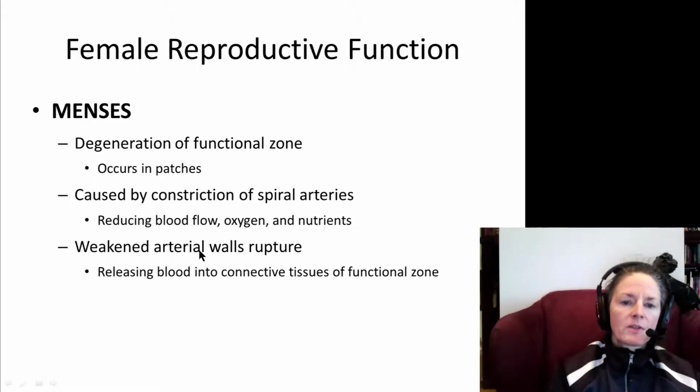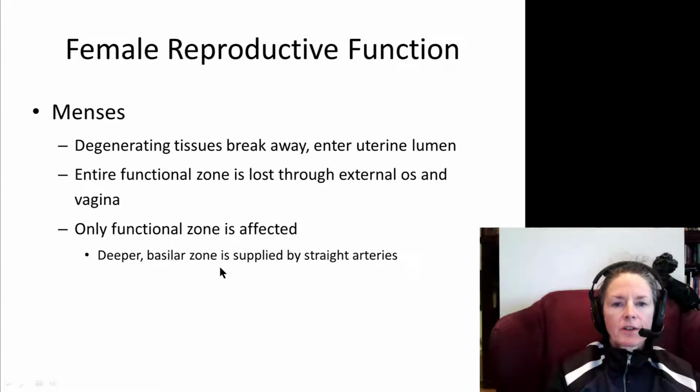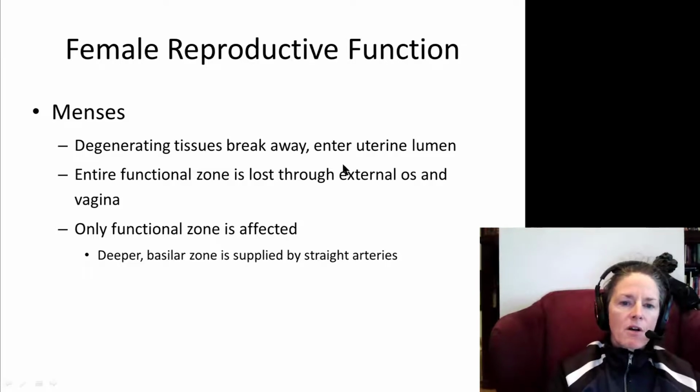And some of the walls of the spiral arteries will also rupture, and basically all of that tissue will be lost. So all that stuff is lost through the external os in the vagina, and then it'll start regenerating again during the proliferative phase.